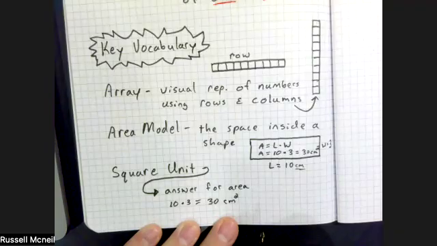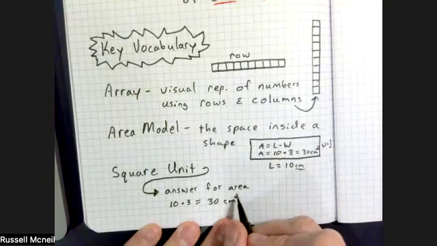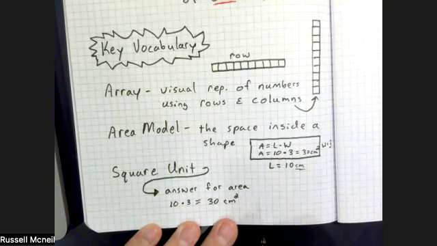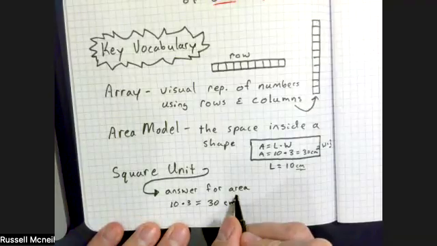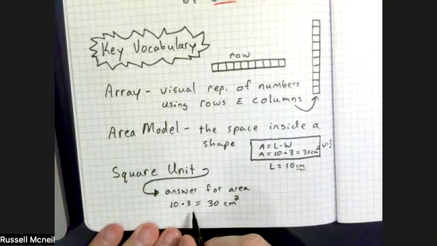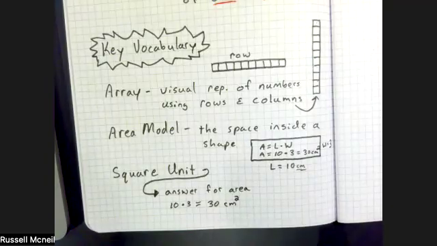When we talk about volume, with length, width, and height, we turn it into the number 3, because there are three directions. But for area, it's only that exponent of 2. So 10 times 3 equals 30 centimeters squared.